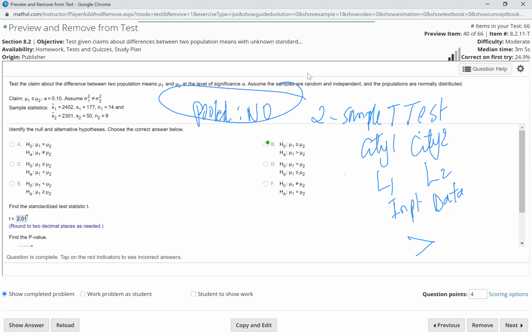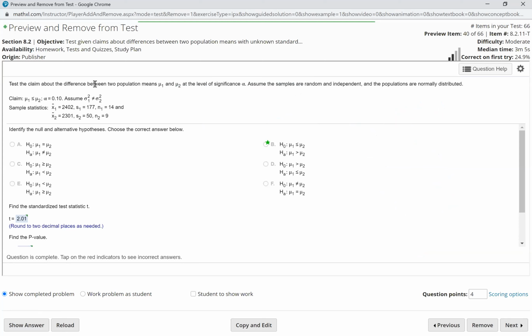Oh, here's another one. Let me clear. He says sigma1 squared is different from sigma2 squared. Right away, pooled is no here. So you just put a no when you run a two-sample t-test.